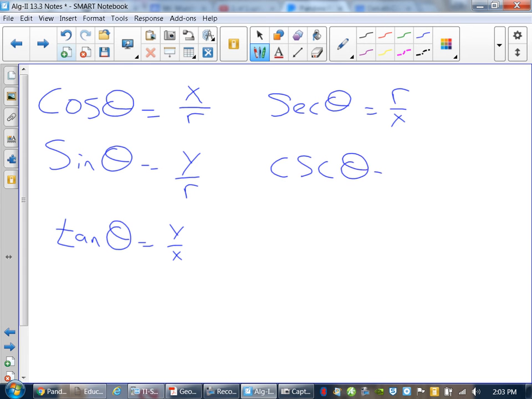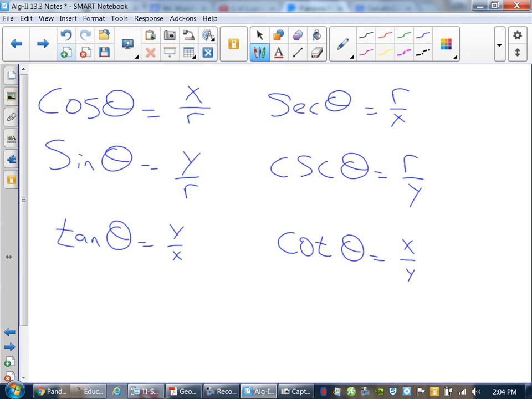Cosecant is r over y, and cotangent. Reciprocal functions.